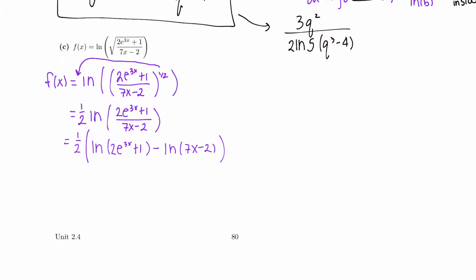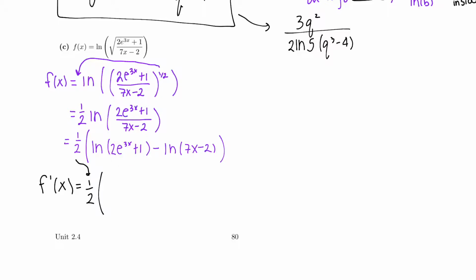So now I'm going to take the derivative because I haven't taken the derivative yet. This 1/2 can just stay out front because it's a constant, so I can just ignore it. Now the derivative of the inside over the inside for both of these.